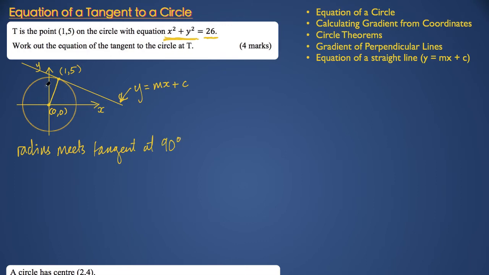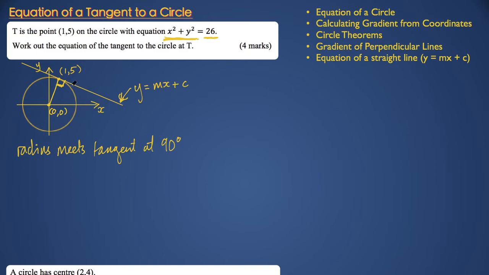So that tells me that there is 90 degrees between this radius and this tangent that we're trying to find. So if I can find the gradient of the radius, I can use what I know about the gradient of perpendicular lines to find the gradient of this line. And then I will know the gradient of this line, and I'll know a point that it goes through, 1, 5, and therefore I'll be able to work out the equation of that line. So here's the whole process.